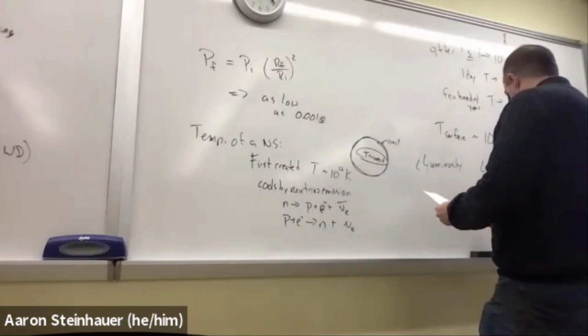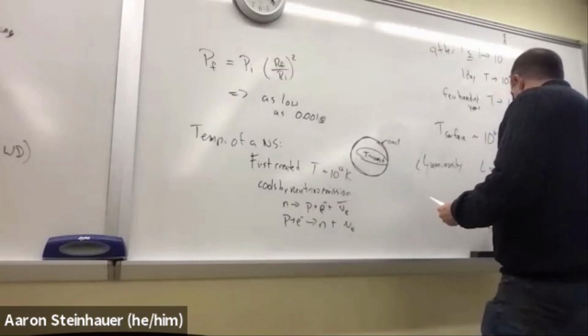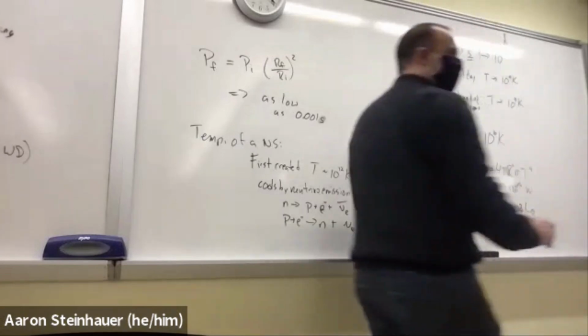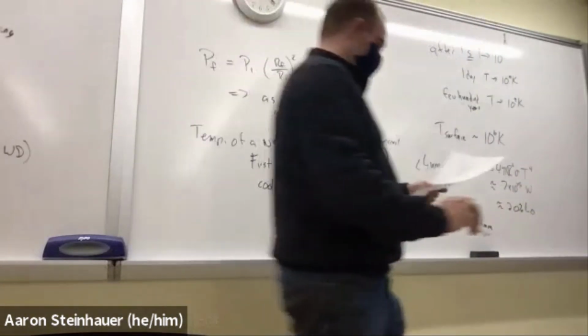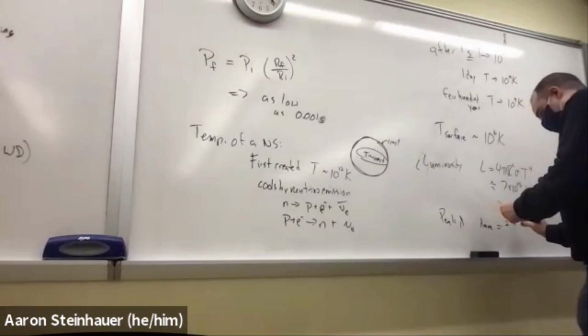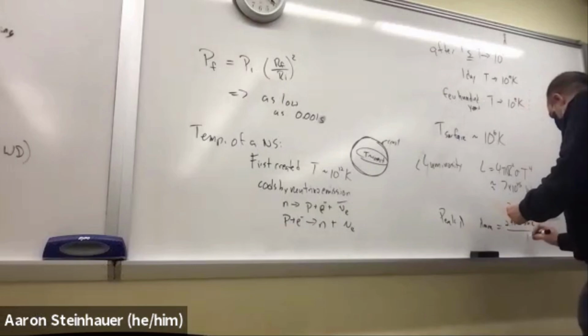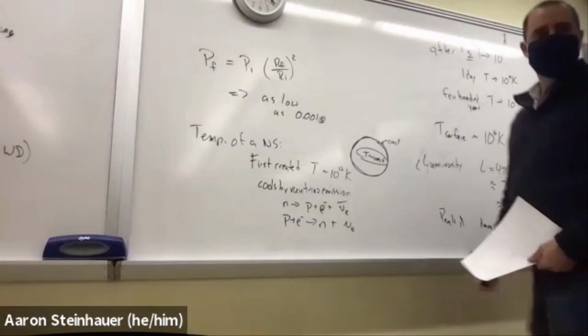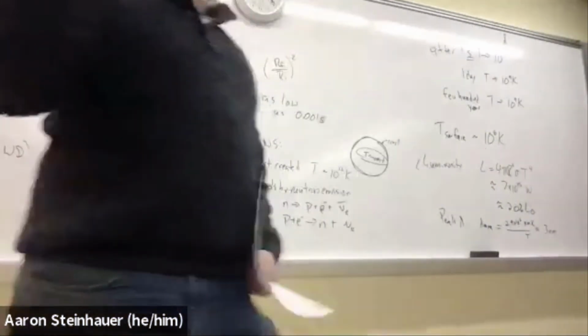Peak wavelength. Remember, this is like astrophysics' greatest hits at the very end. Lambda max equals 2.9 times 10 to the 6 nanometer Kelvins divided by T. You get about 3 nanometers is where this thing is going to peak. 3 nanometers, right?